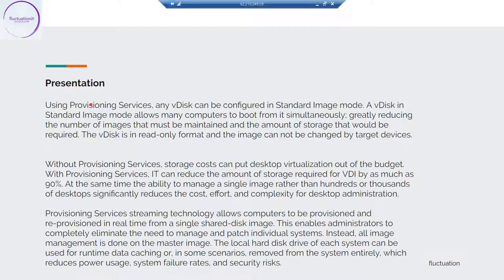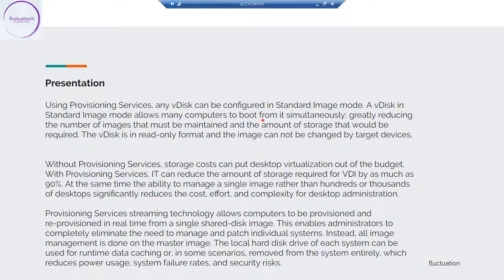Using PVS, any vDisk can be configured in standard image mode. We'll see what standard image mode is. A vDisk in standard image mode allows many computers to boot from it at the same time. Wow! And it greatly reduces the number of images that must be managed and the amount of storage required.